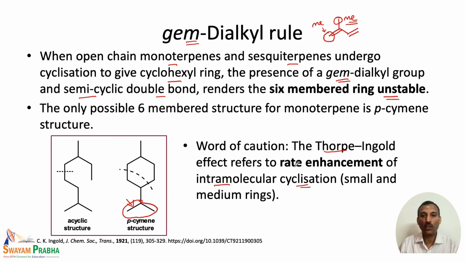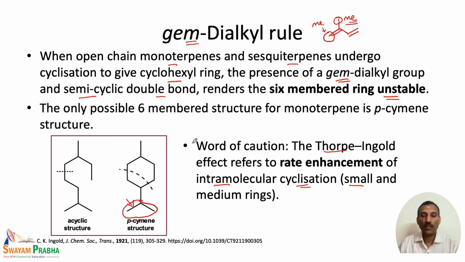In that case, the gem-dialkyl rule favors the quick and easy formation of rings, especially the small and medium sized rings, which are formed very quickly because of this rule.